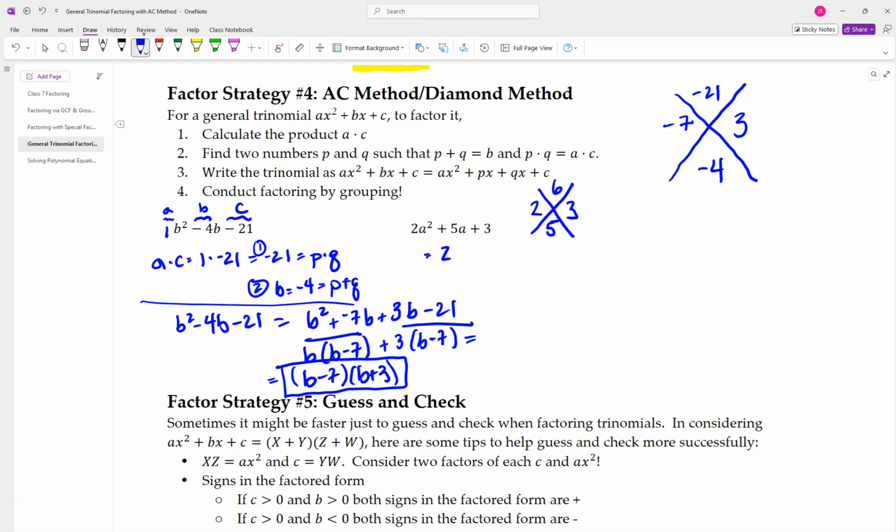And so then I could write this as 2a squared, split the 5 as plus 2a plus 3a, and then plus 3. Factor by grouping, I can pull out a 2a, and then I have a plus 1, and then these second two terms, I'd have 3 times a plus 1, which would factor overall as a plus 1, and then 2a plus 3.